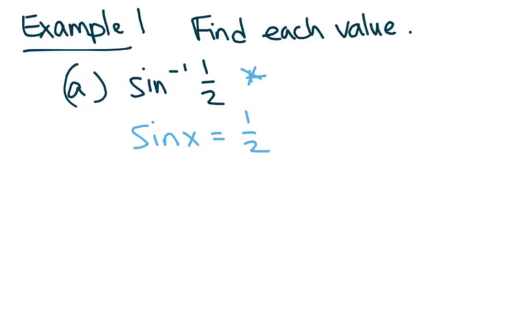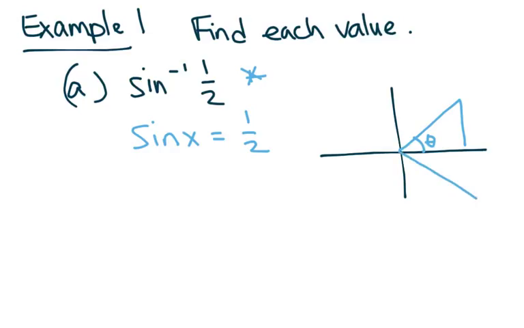So I know that whatever the answer is, it has to be an angle in the first quadrant or in the fourth quadrant. Now, let's talk about our all students take calculus. Sines are not positive in the fourth quadrant. They're only positive in quadrant 1. So I know that whatever my angle is, it's going to be in quadrant 1.